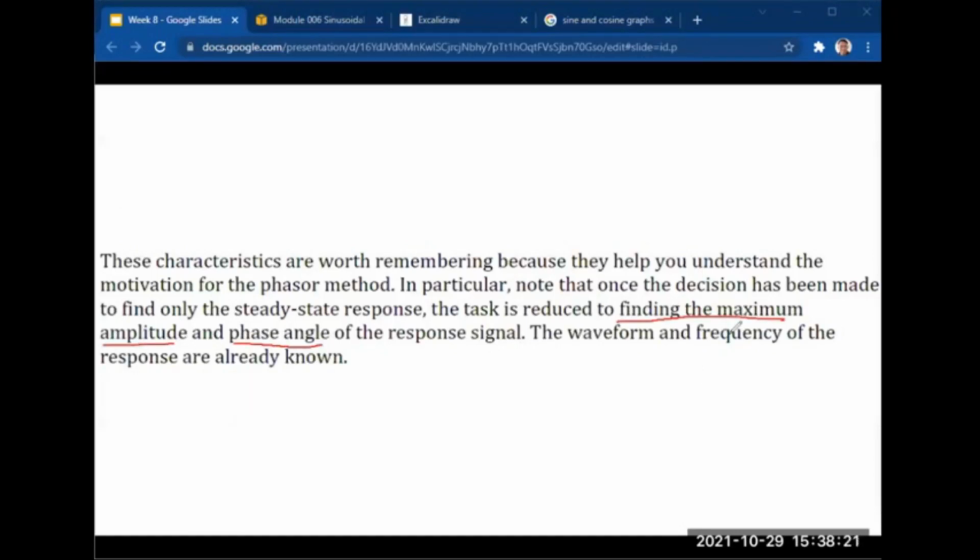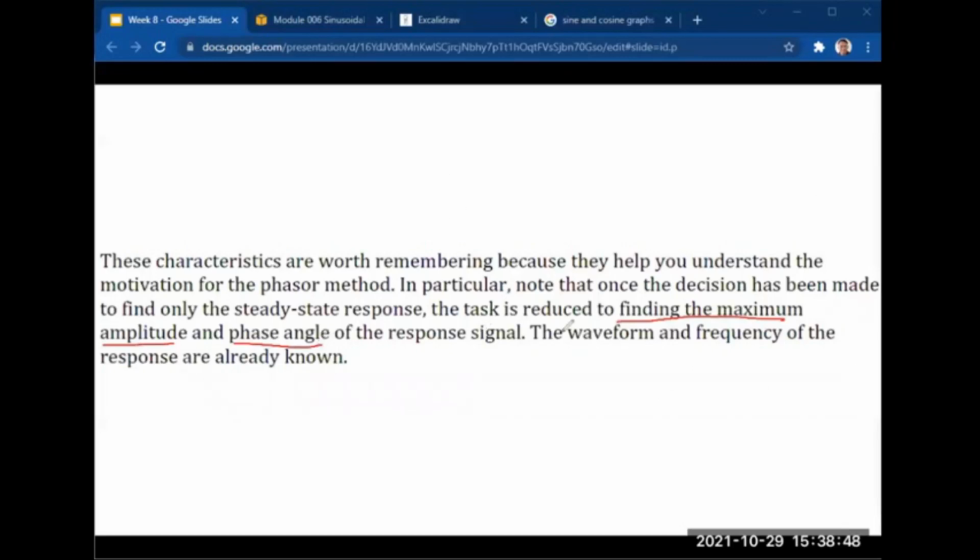So the task is less as compared to when dealing with the sinusoidal source or source signal, right? And the waveform and the frequency is already known. So the omega of the source will carry over to the response.